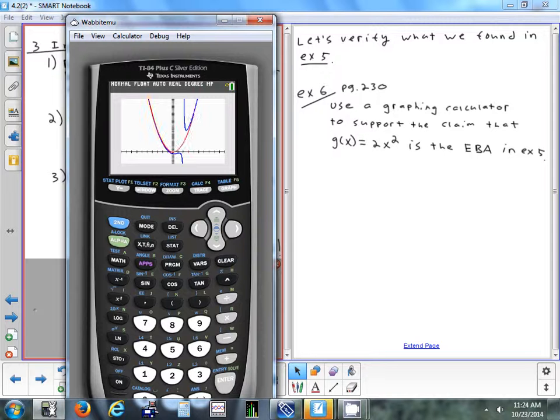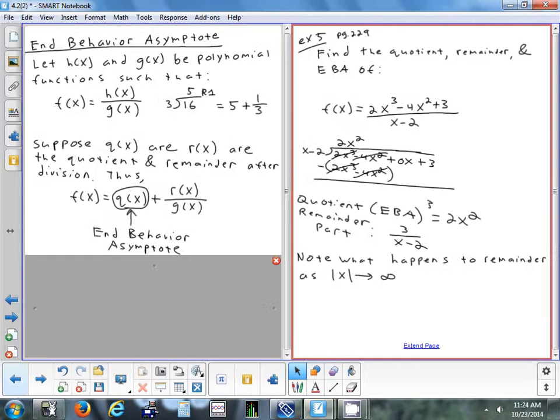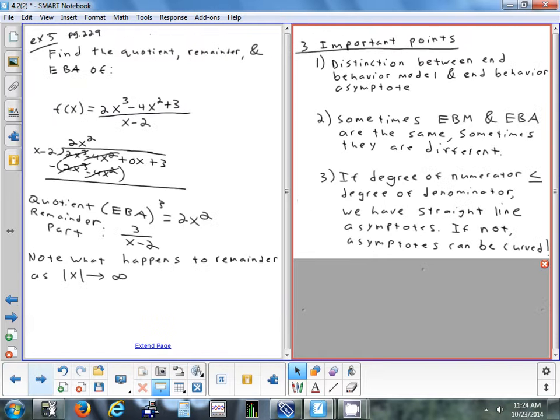The basic shape of this graph is a parabola. On the left side, the red line is almost directly on top of the blue line. On this side, you can see the blue line and the red line getting closer and closer together until they're almost on top of each other. It's just that there's some weird behavior right near our vertical asymptote at 2, so we'll have to investigate 2.01 and 1.99 and see what happens.